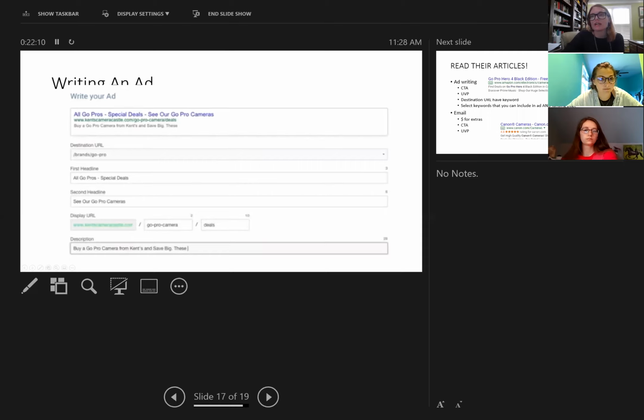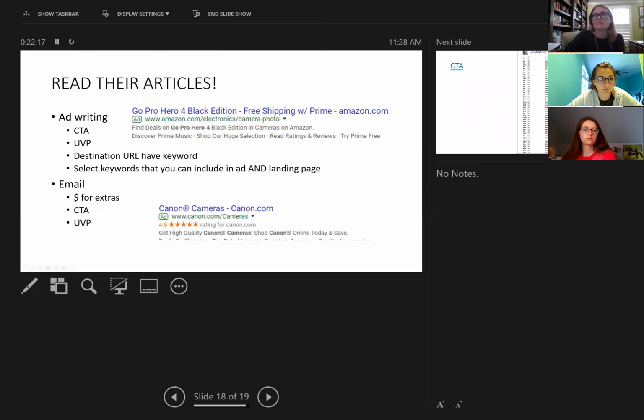Also make sure that you have keywords in your headings, that you have unique selling propositions and so forth that we've talked about. And make sure that there is consistency between the keywords in the ads and the landing page.